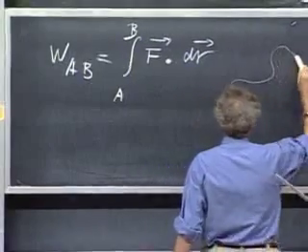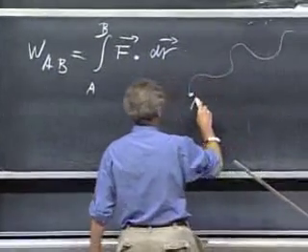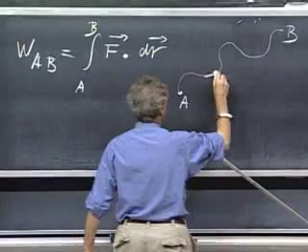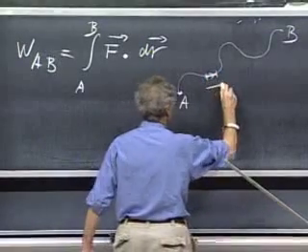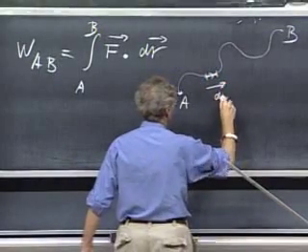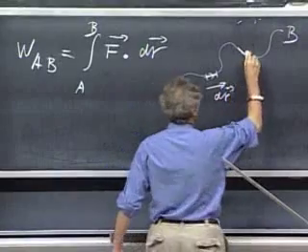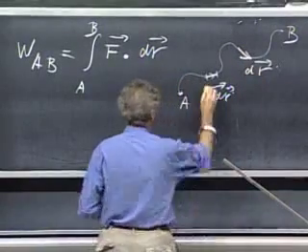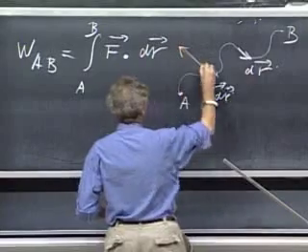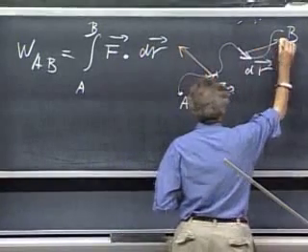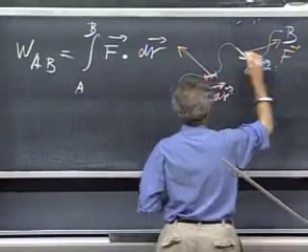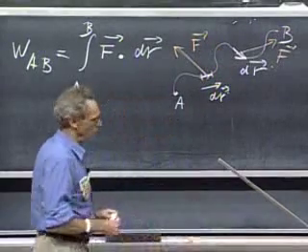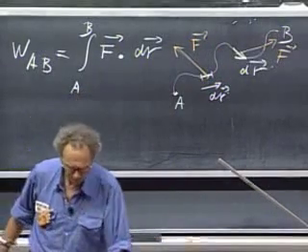So if this is from A to B, then dr here, if you go in this direction, this would be the little vector dr, and here that would be a little vector dr. And the force itself could be like this here, and the force could be like this there. The force can obviously change along this path.